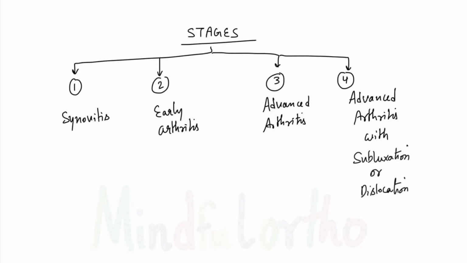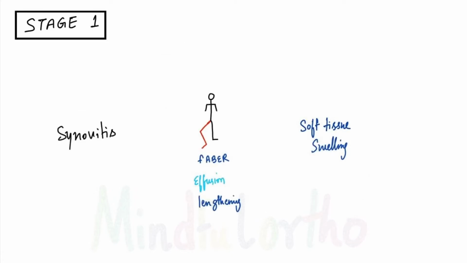Tuberculosis of the hip joint is divided into 4 stages depending upon the progression and the amount of destruction caused. Stage 1 is stage of synovitis. Synovium of the hip joint is inflamed, which produces a large amount of fluid, resulting in an effusion in the hip joint.